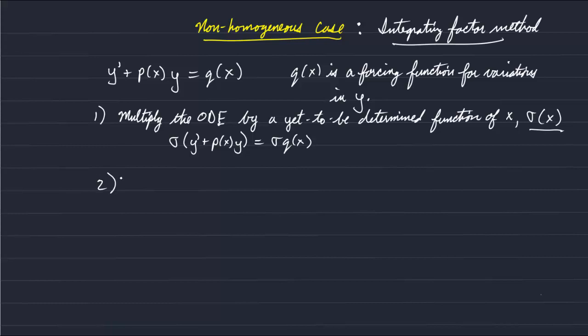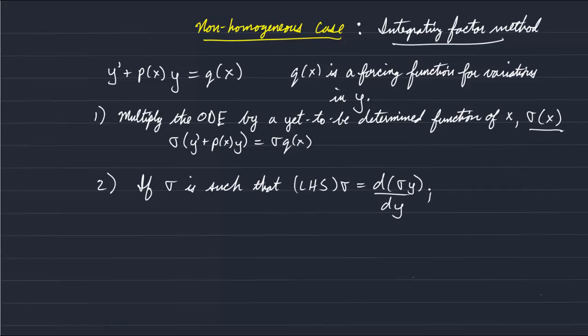The second concept is that if sigma is such that the left-hand side times sigma is a perfect derivative of sigma times y, then if we know what sigma is, we can solve for y.